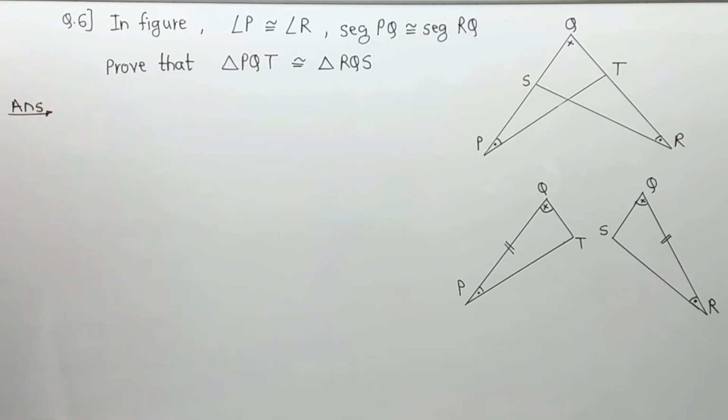So writing part and a part is here one by one. We are discussing about two triangle in PQT and RQS.